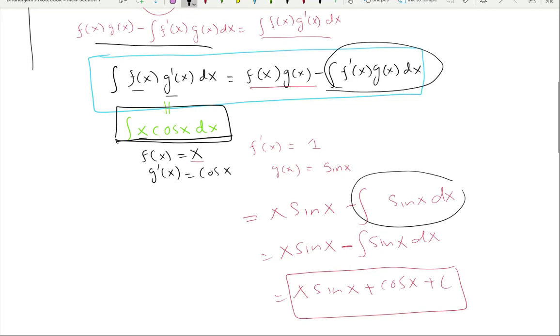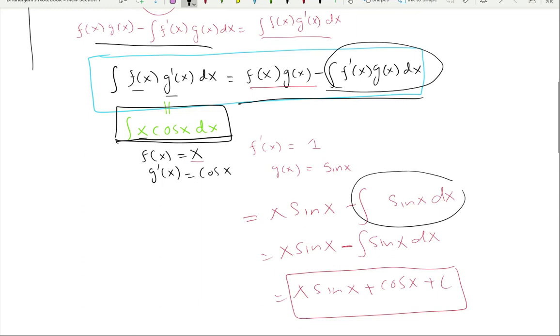So you do a trade-off. I have a complicated integral, I will choose my selection smartly, so by the end of the day I will solve a simple integral. So we just use the integration by parts formula. The bigger picture is, again I'm saying this: decide f, decide g' smartly. You cannot choose them randomly. We have to choose them smartly, which I will teach you later.